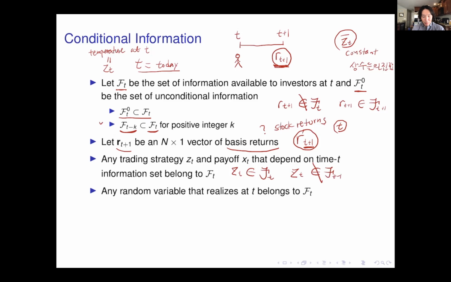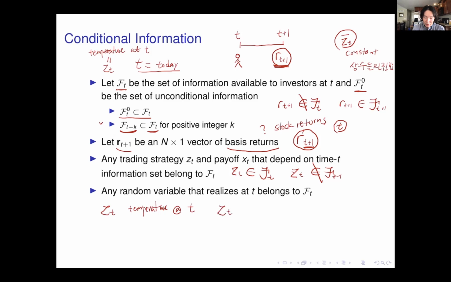Any random variable that realizes at time t belongs to F_t. Okay? In other words, say Z_t is the temperature at time t. Temperature day by day is a random variable. 그날의 온도는 랜덤하게 결정되잖아요. But that is known already today. Although it was a random variable from the perspective of yesterday, it is known today.